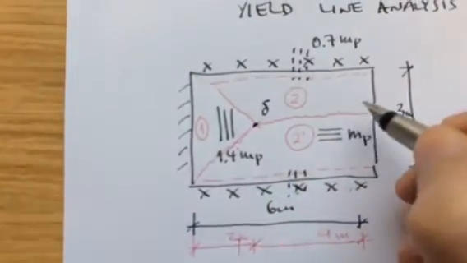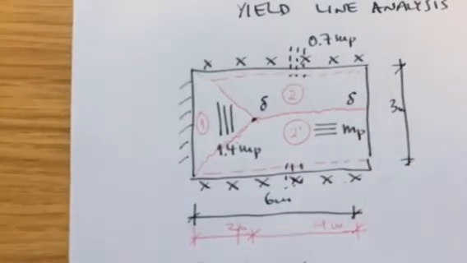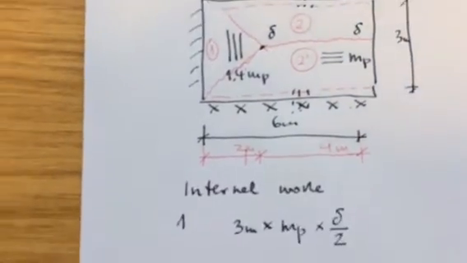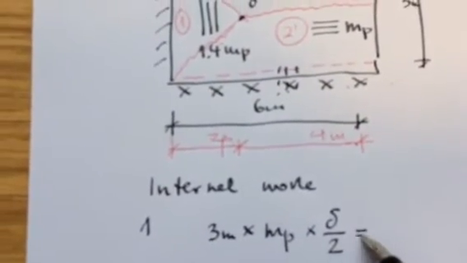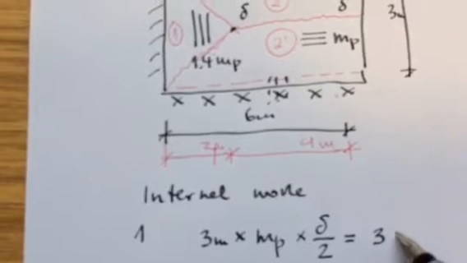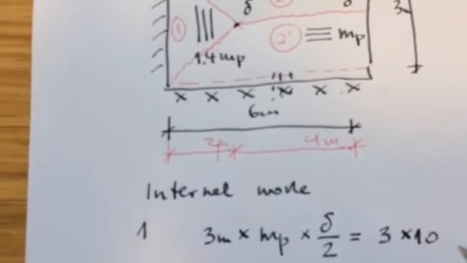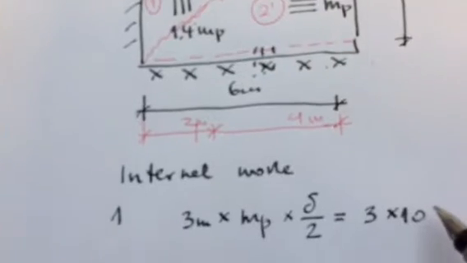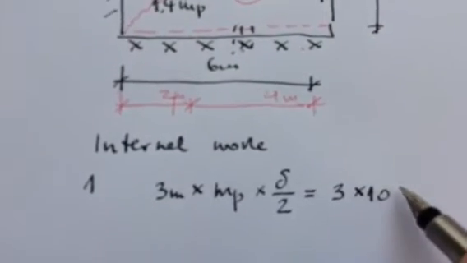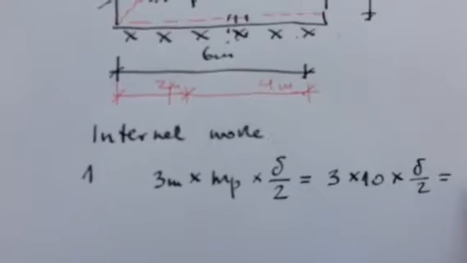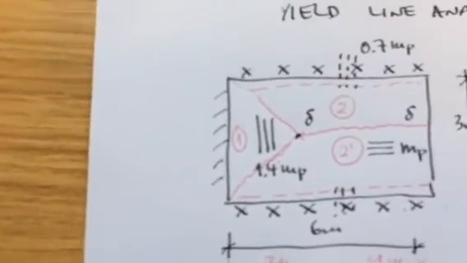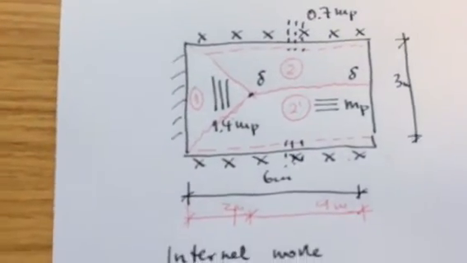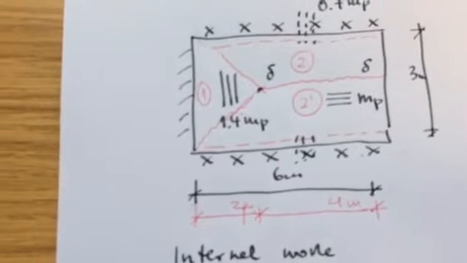Delta is the maximum displacement along these edges, and this then gives 3 times 10 times delta half, 15 delta.